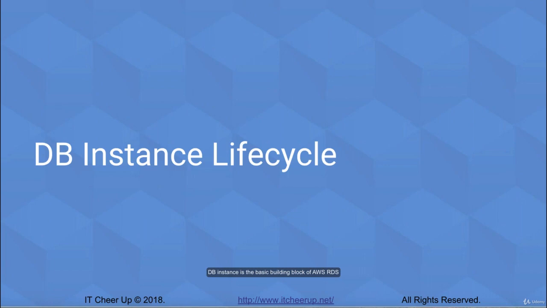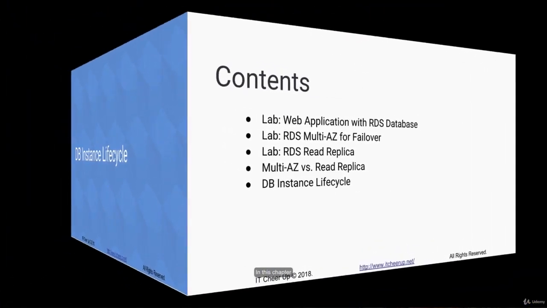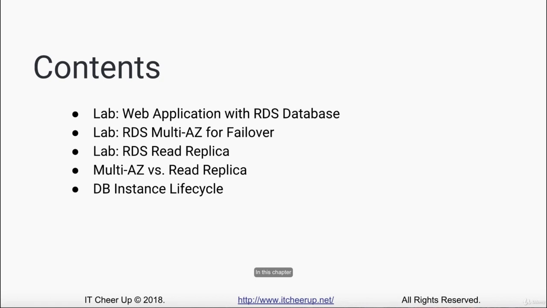DB instance is the basic building block of AWS RDS. In this chapter, we will take a deep look at the DB instance life cycle. We will do 3 laboratories together. Create web application with RDS database in VPC.